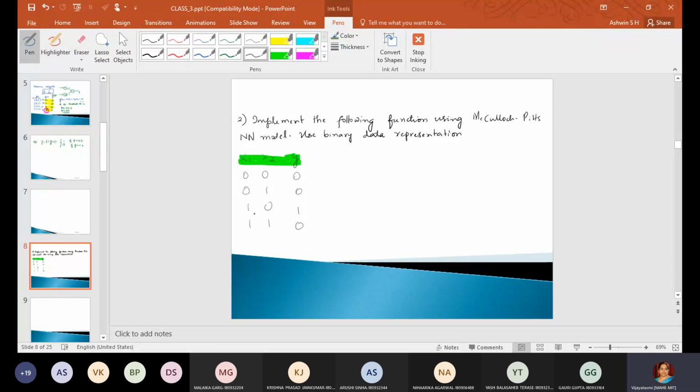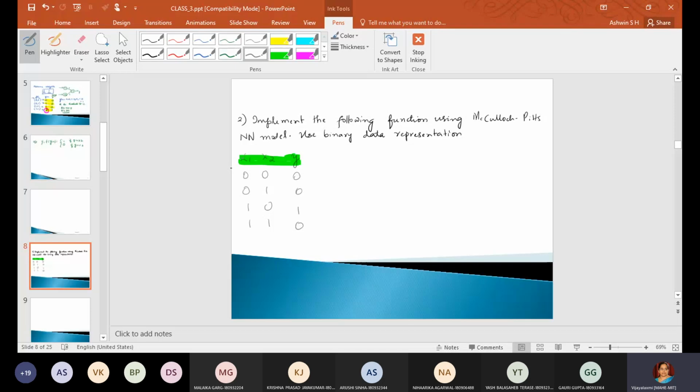So this is 0 0, output is 0; 0 1, output is 0; 1 0, output is 1; and 1 1, output is 0. I have simply taken a truth table to show how to develop the neural network model if you want to represent this particular function. I'll tell you how to do this example.